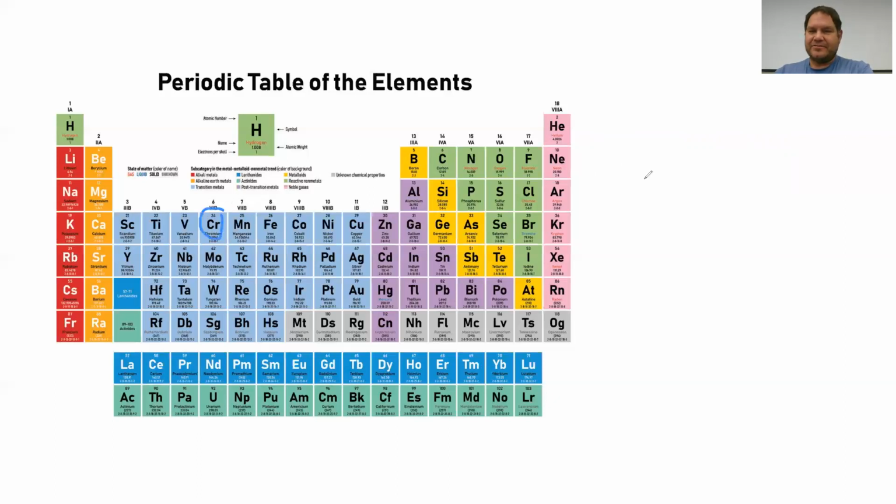All right, now the normal electron configuration you would think chromium would be, okay? You would think that it would be 1s2, 2s2, 2p6, 3s2, 3p6, then 4s2.